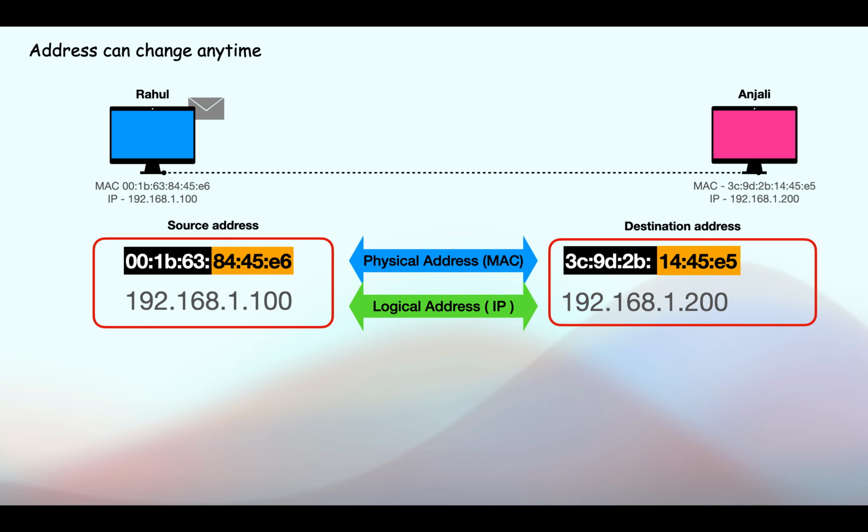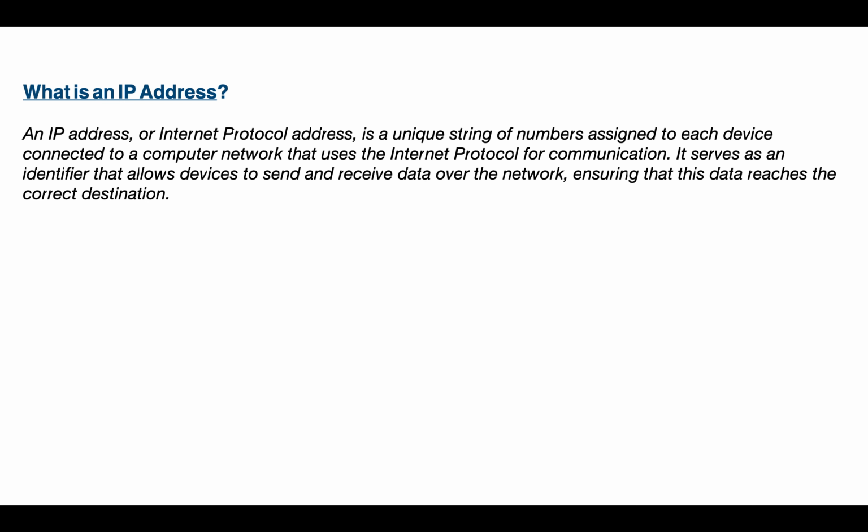If you see the definition, the IP address is called Internet Protocol address. It is just a unique string of numbers which are assigned to computers on a network, and it serves the purpose of delivering data to the correct destination.